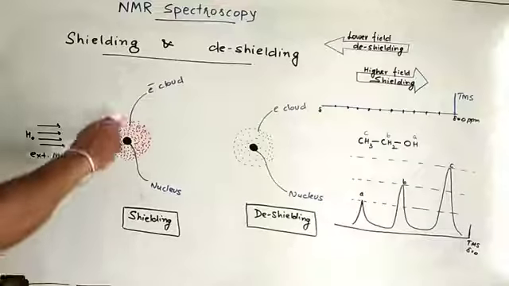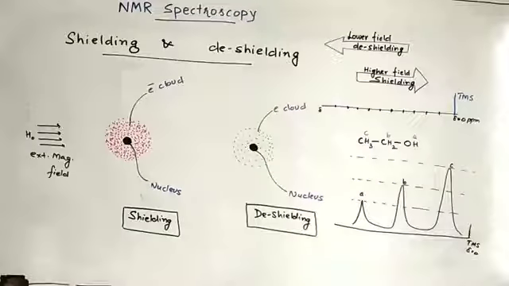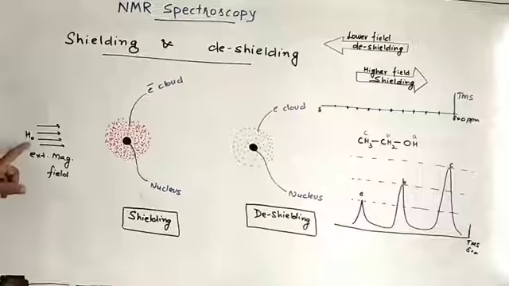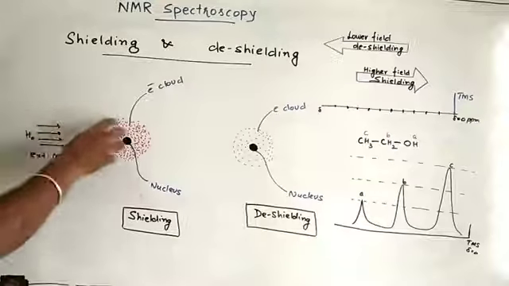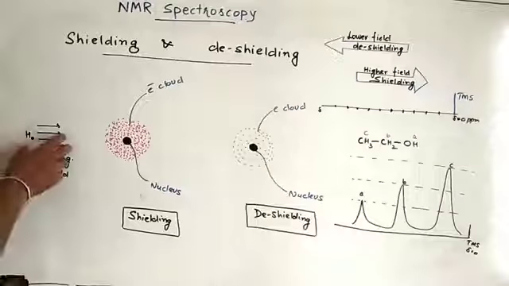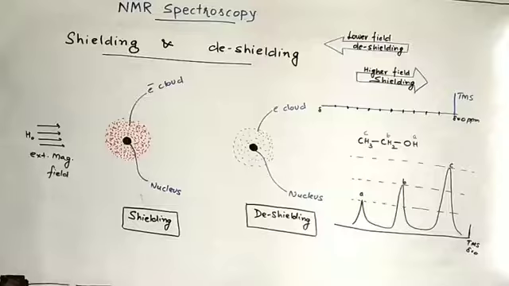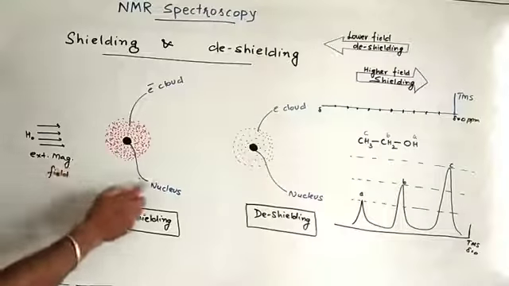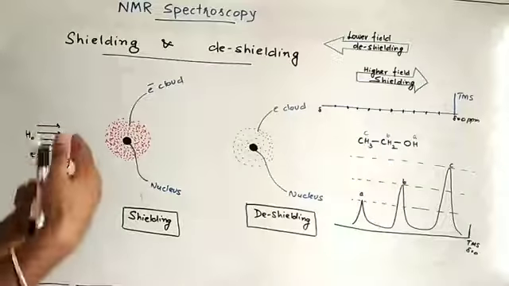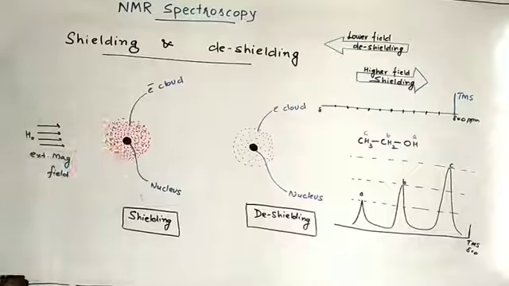When there are more electrons and each electron has its own magnetic field, that magnetic field interacts with the external magnetic field. We are applying the external magnetic field for the nucleus only, not for the electron, because we are going to study protons. But when you apply the external magnetic field, the magnetic field of the electrons interacts with it and shields the nucleus from the external magnetic field strength.